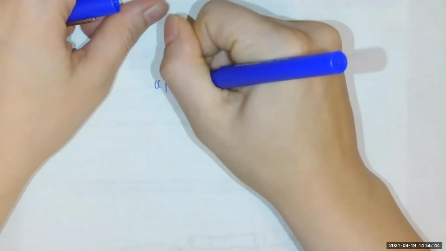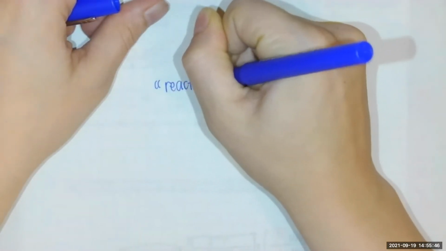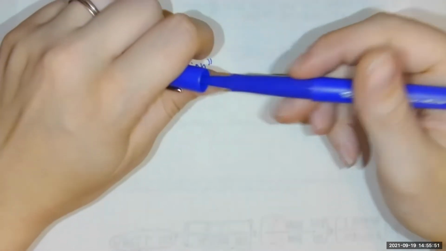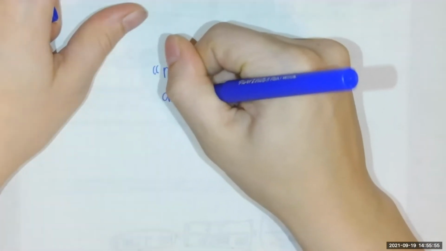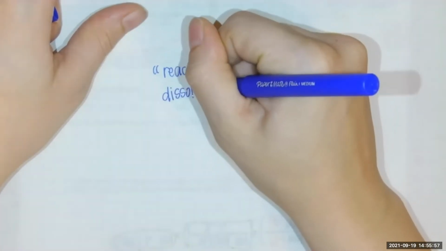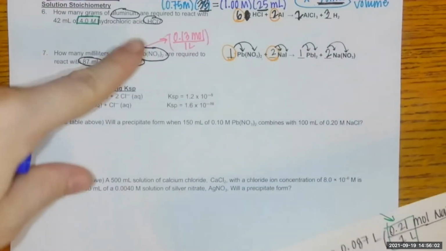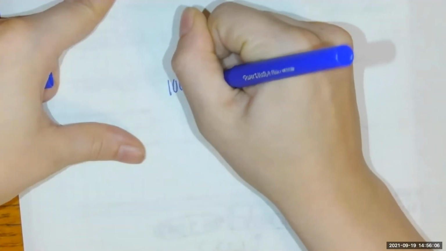The reaction that we're working with in this section is dissolving. So we're assuming that for us to be able to do the solution stoichiometry, all of these substances were 100% dissolved.